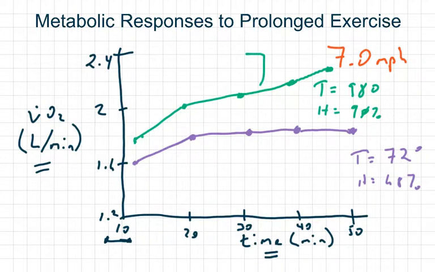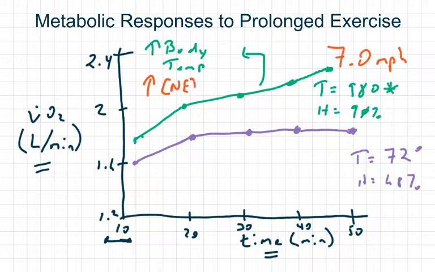In this hotter environment, we have increased body temperature, because the body has a more difficult time regulating the temperature in the hot and humid environment. Additionally, we have increased concentrations of catecholamines, norepinephrine and epinephrine.